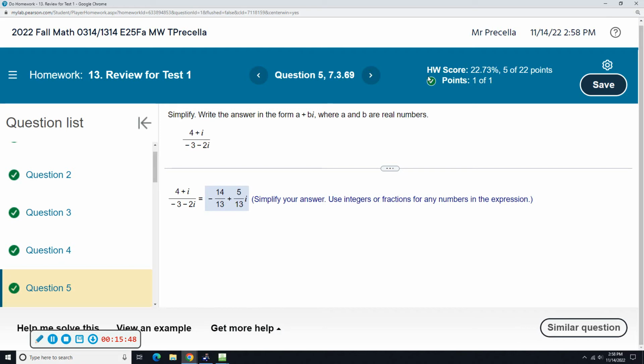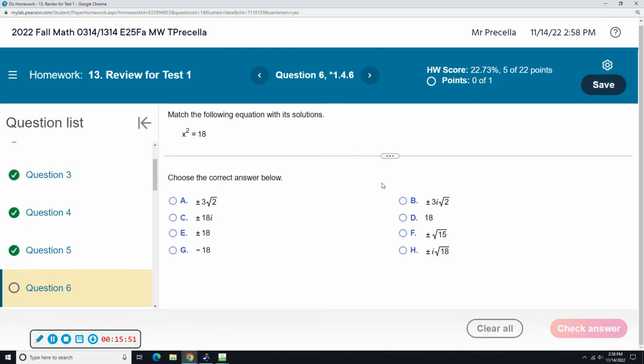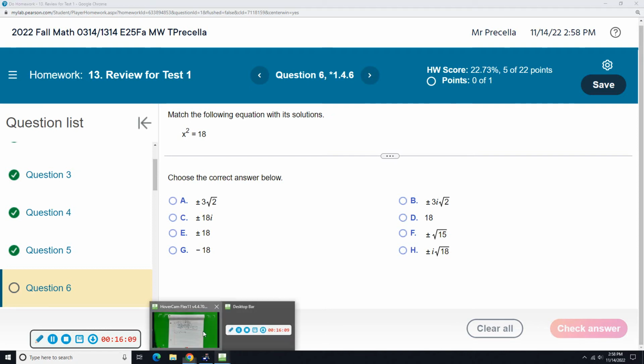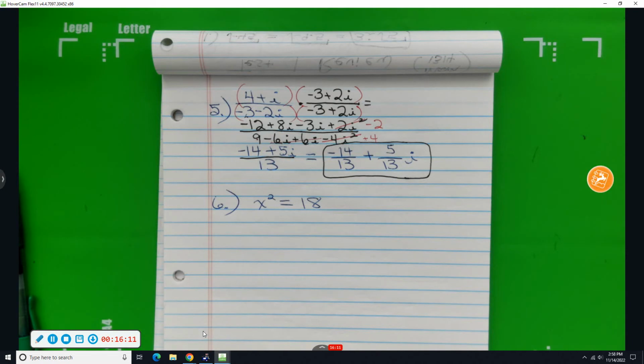Okay, number 6. That's interesting. Match the following equation with its solutions. Well, I think we'll just solve this equation. x squared is equal to 18. This equation is tailor-made for the square root method.